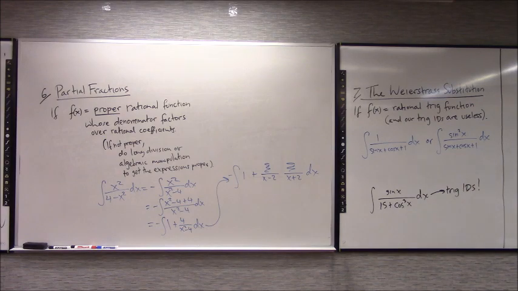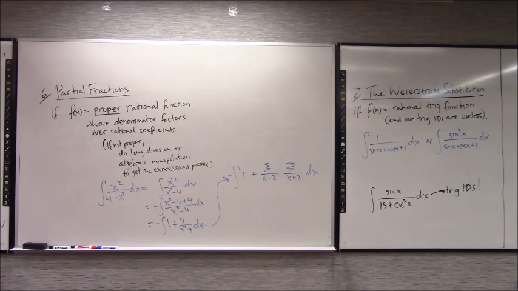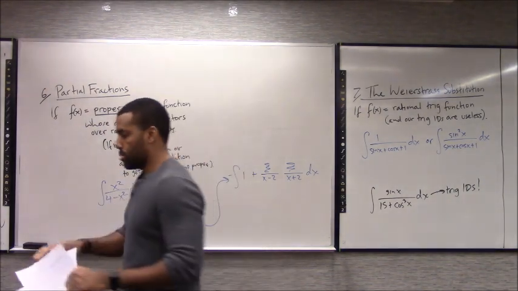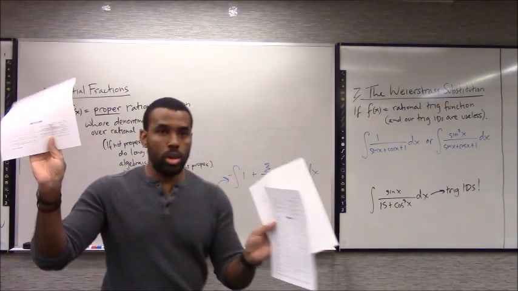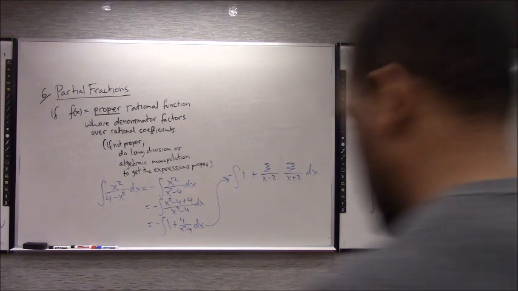It's also written by Stewart, by the way. Does everyone have one of these? I don't have one. There you go. The one-page document? Yes. Thank you. These are the answers. Okay.